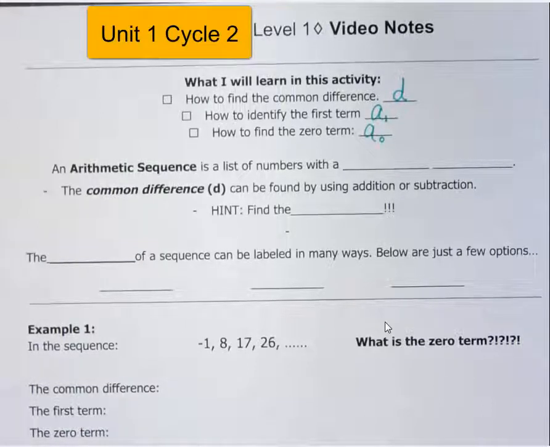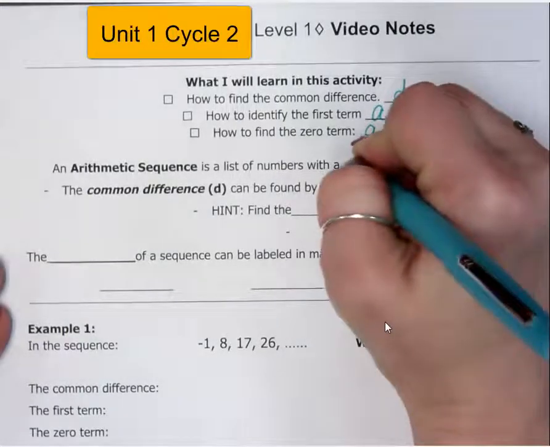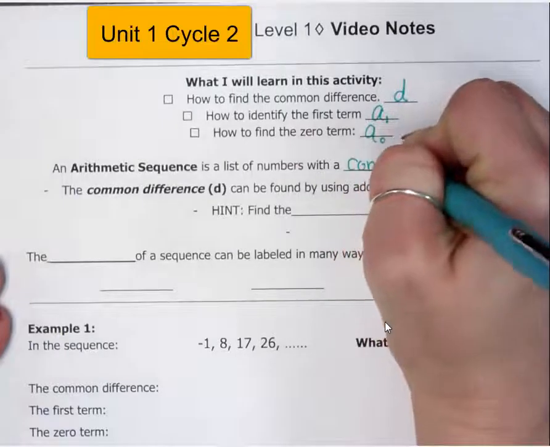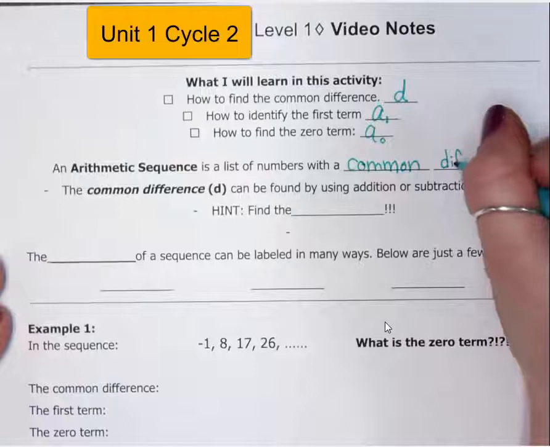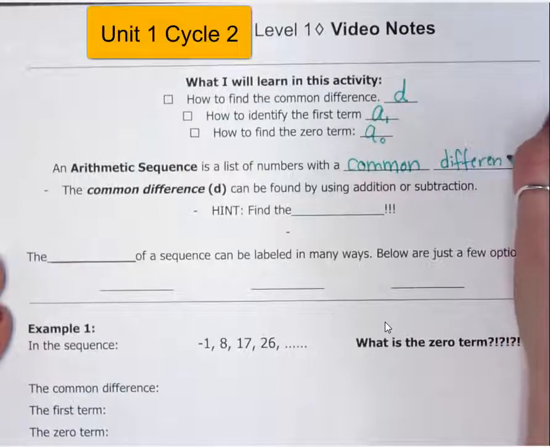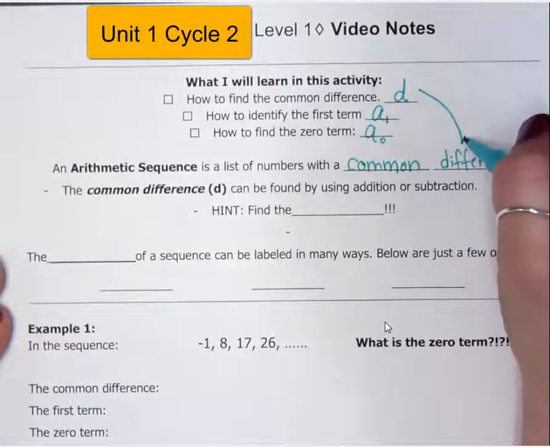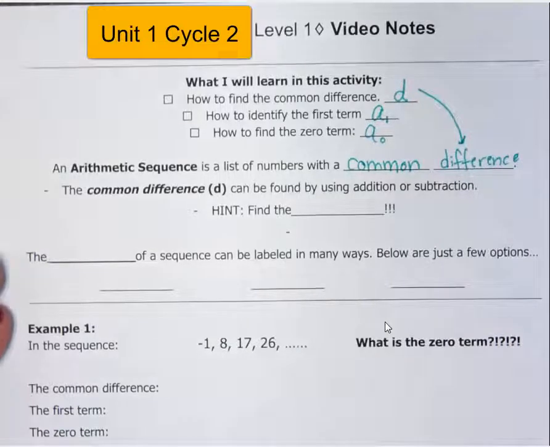All right, an arithmetic sequence is a list of numbers with a common difference. So we talked about this a little bit. Common difference, meaning it's moving or changing the same way.